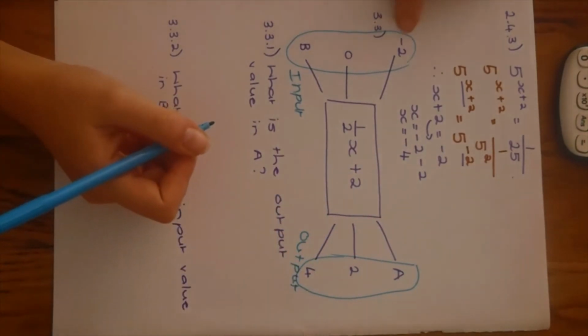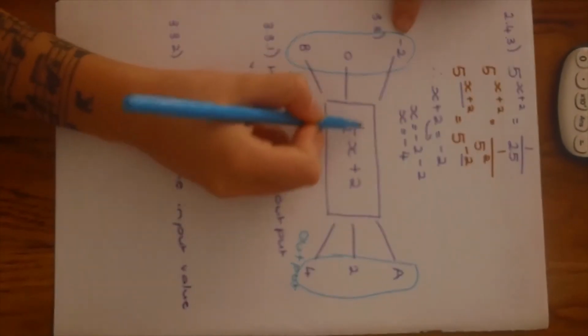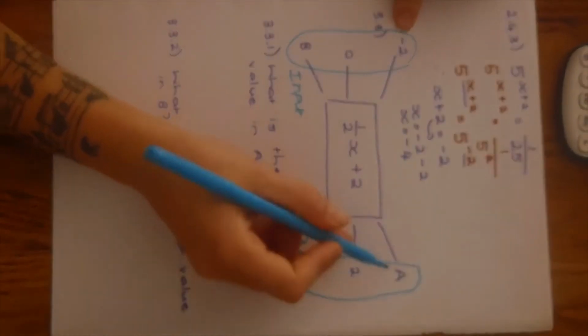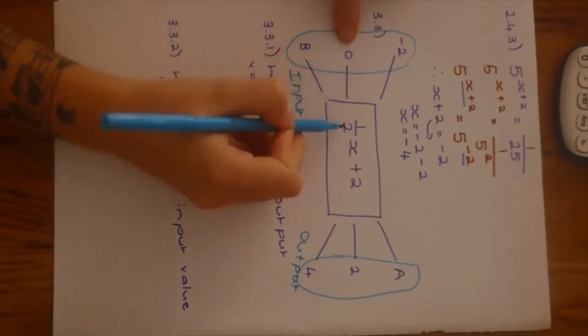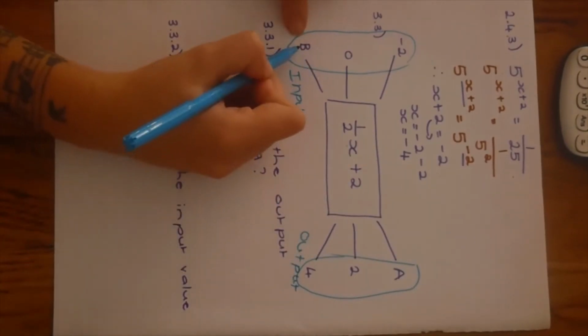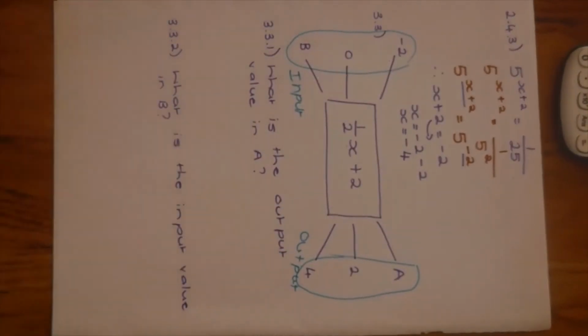So in other words, if I replace this x with a -2, then half times -2 plus 2 should give me a. 0 times a half plus 2 must give me 2. B, if I put it in there, do the whole thing, must give me 4.